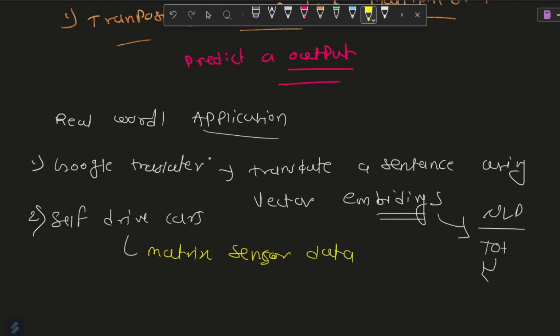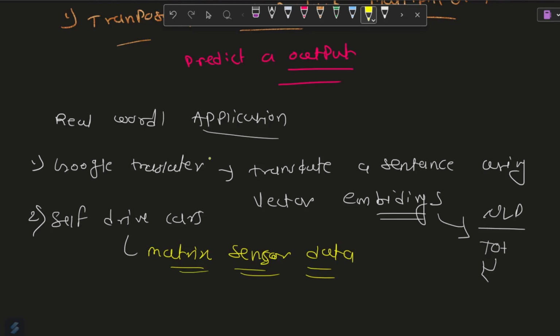Just think about how the machine detects where to stop, for example when someone comes in front of the car. How does it stop at the particular time, and how does the recognition work, how is the machine thinking? This is all about matrices and sensor data.